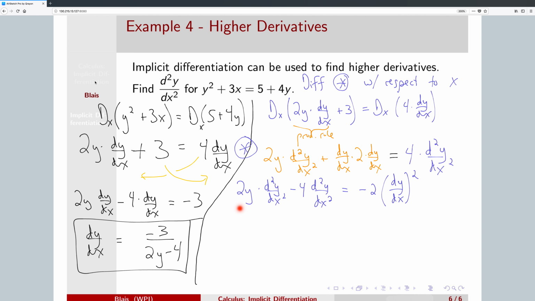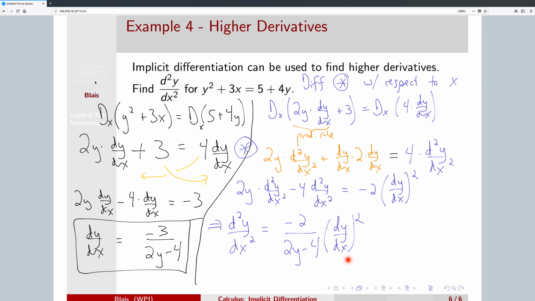On the left, we can factor out our 2y minus 4 and divide both sides by it. So we get the second derivative of y with respect to x is negative 2 over, again, we're dividing by 2y minus 4, times dy dx squared.